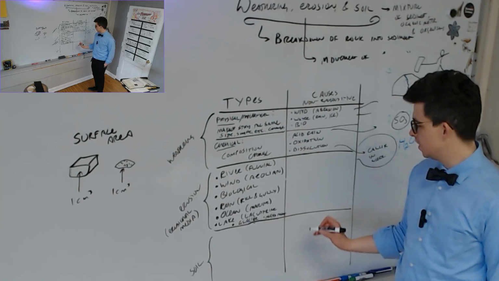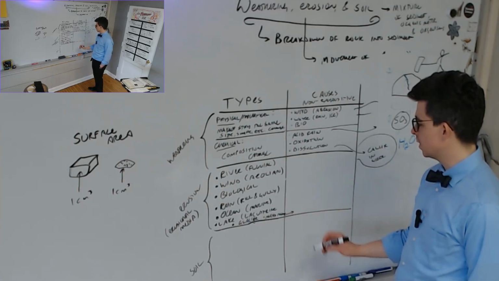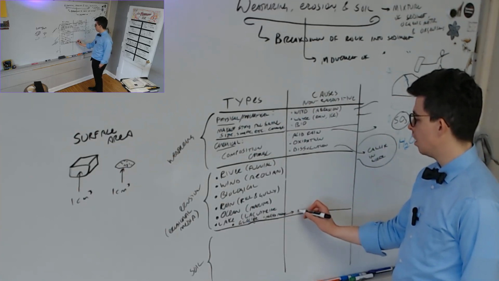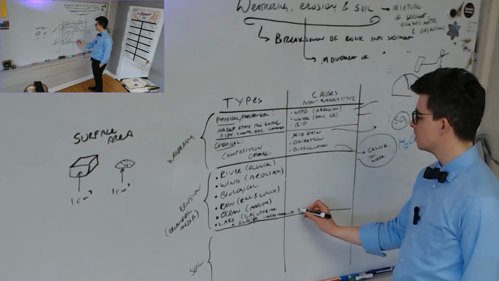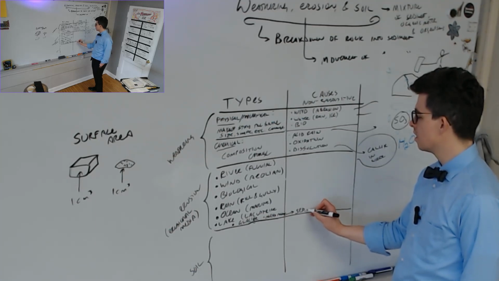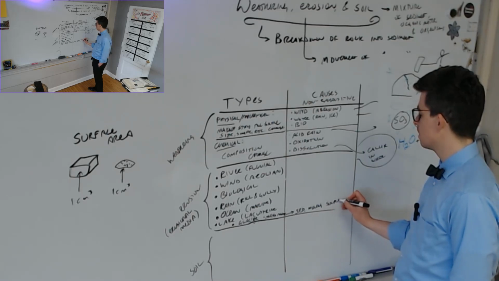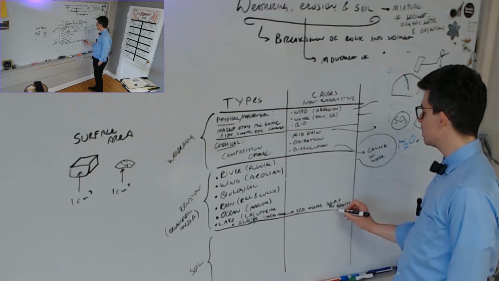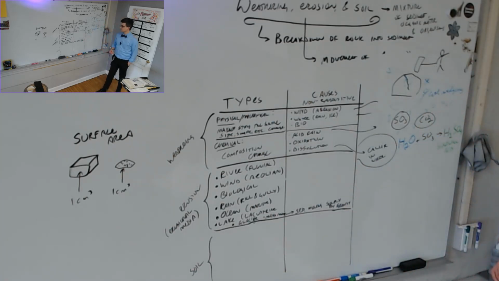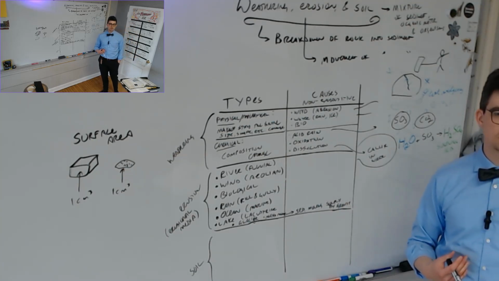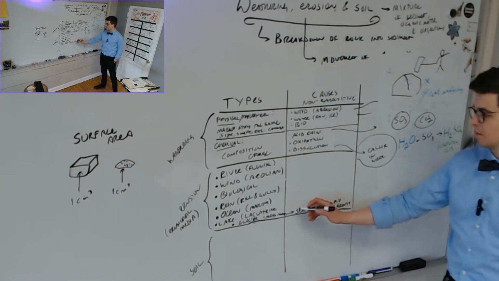So a mass movement is sediment moving solely by gravity. When gravity is the main thing, I put that in the causes for a reason. When gravity is the only thing that is instrumental in the movement of this sediment, we call that a mass movement.